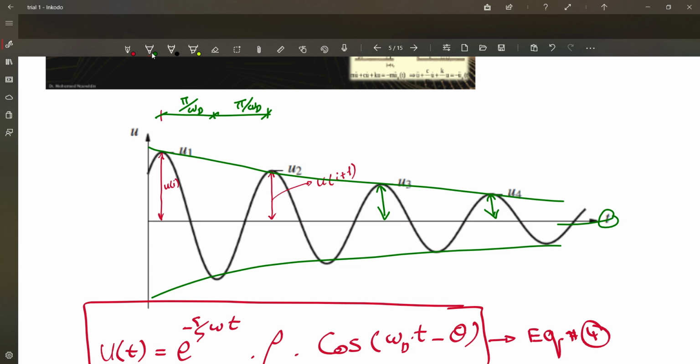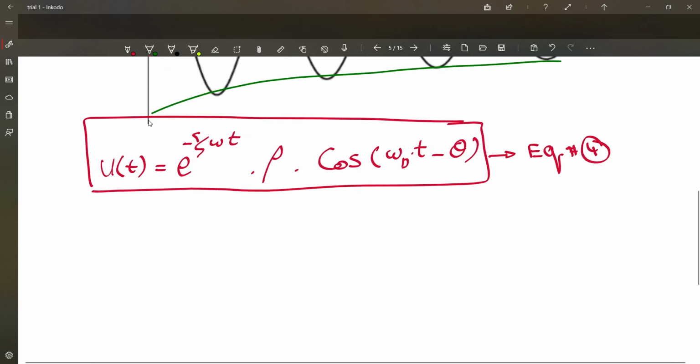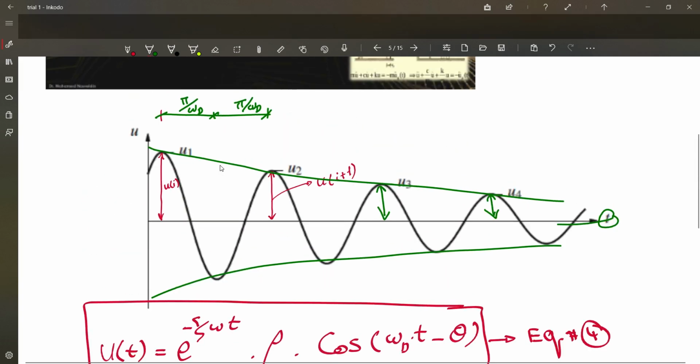Okay. So starting from equation number 4 that we already derived last time, the envelope curves here, this one and this one, let's use the red color here.